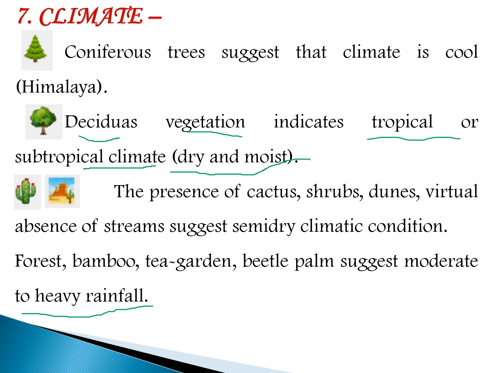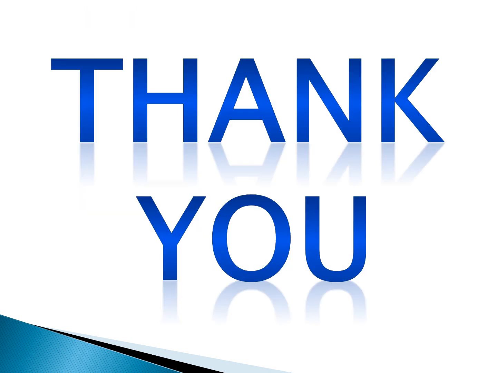So in a map, whatever is suitable, that you have to write as an interpretation. So climate is either tropical to subtropical, and the forests show moderate to heavy rainfall. Like this you can interpret the topo sheet. So thank you.